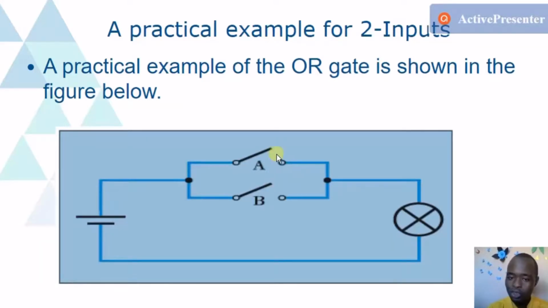And when both A and B are closed, you still have this bulb glowing. And when both A and B are open, this bulb here would not glow. That's a practical example of an OR gate.